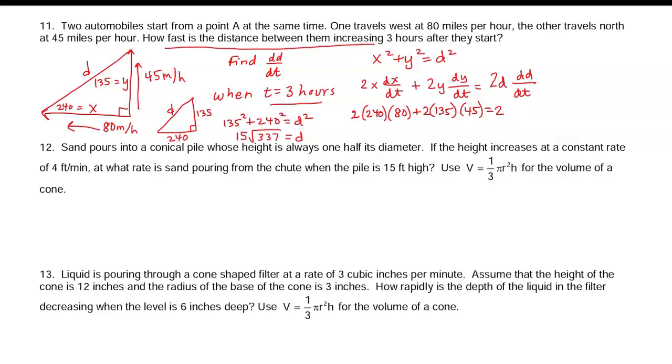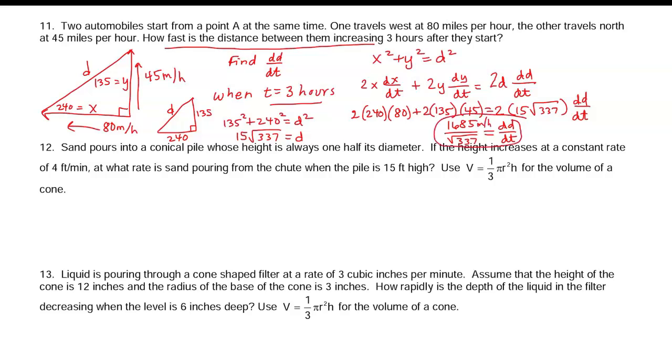So that is 2 times 15 root 337 dd/dt. And when you solve for dt, I have the fraction, which is 1685 over the square root of 337. And the units on that are miles per hour.